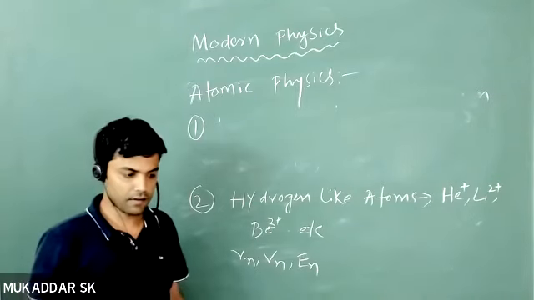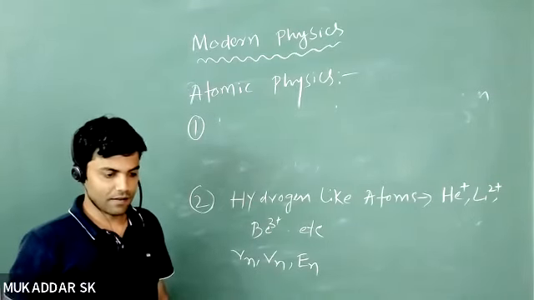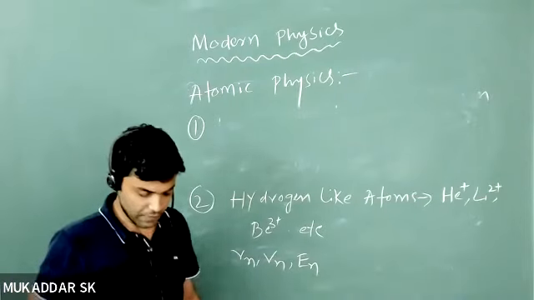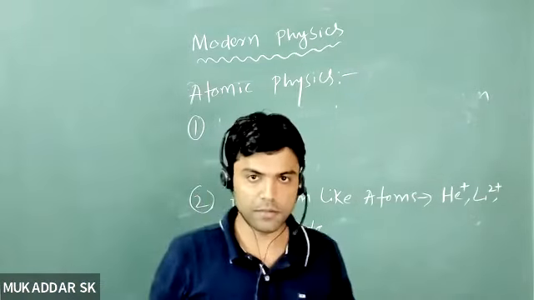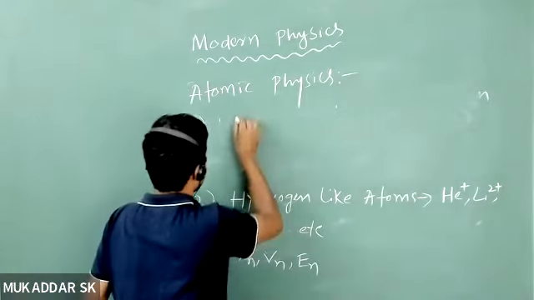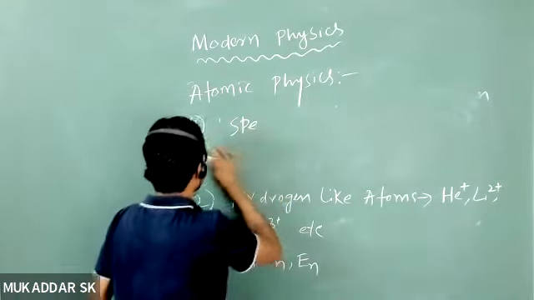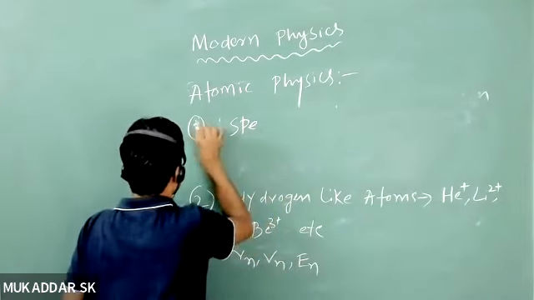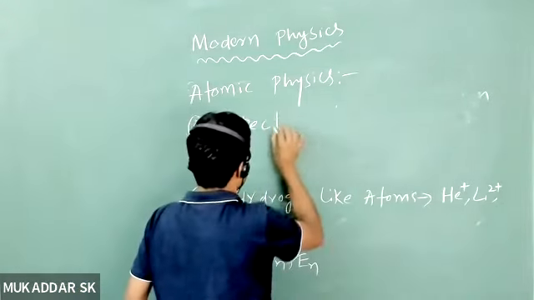Everybody learned, right? Yes, sir. Did you get any problem in the class? If you have any problem now, just ask me freely. No problem. So this is known as spectral line. The third point will be that we'll learn about spectral lines.